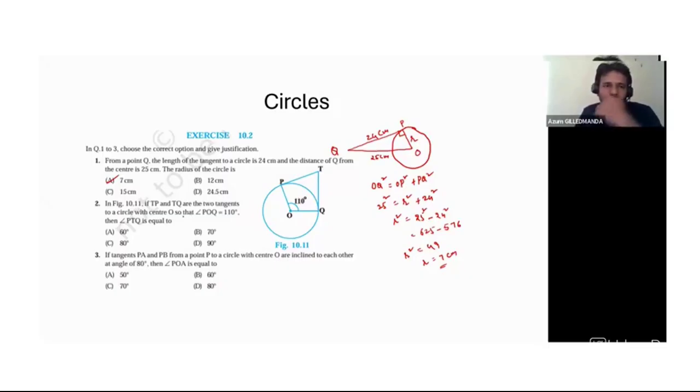Now from the figure here, TP and TQ are two tangents to a circle with center O. So POQ, at the center, is making an angle of 110 degrees. Then what is the angle PTQ? Okay, so this angle is being asked. So this is like a quadrilateral, right?